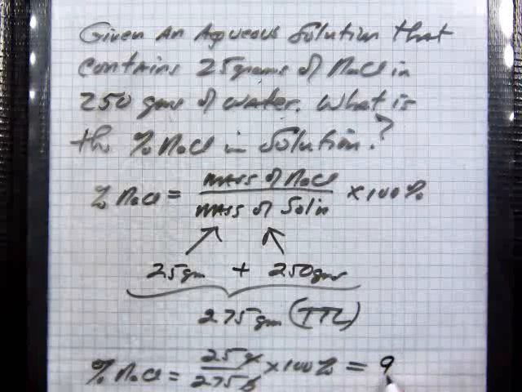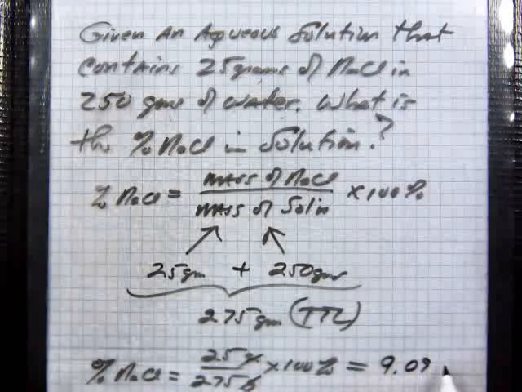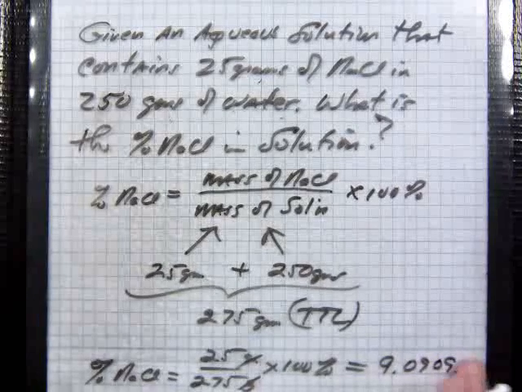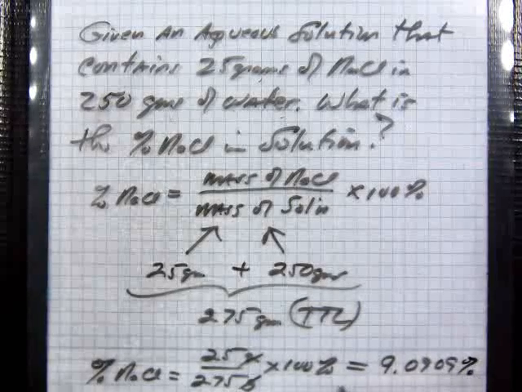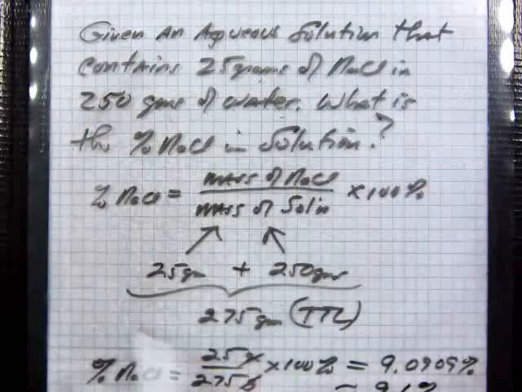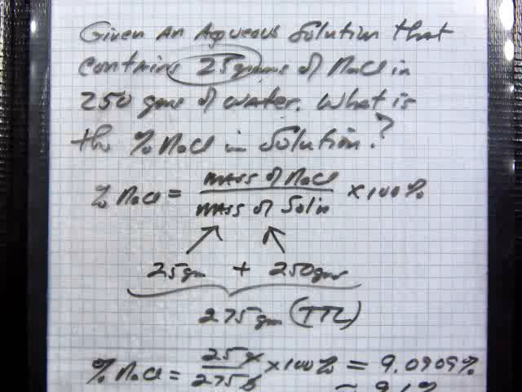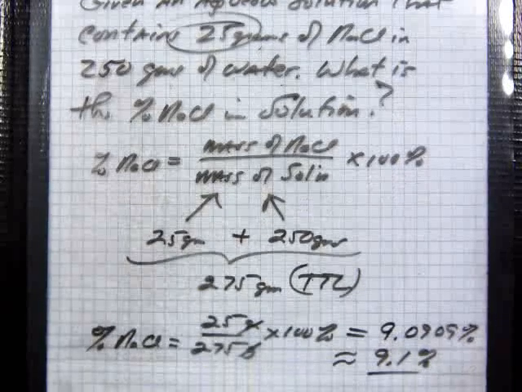Which is 9.0909%. And this rounds off to a 9.1% because the data point here is the least number of significant figures. Right there, 25 grams, that's 2 sig figs in that.